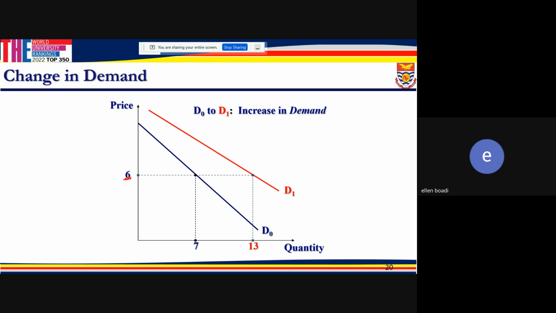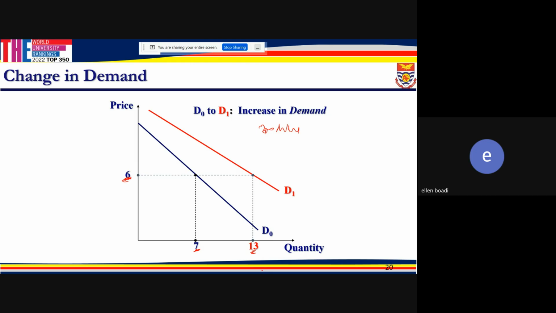The only thing that has happened is that taste and preference has changed and increased, so we want more of the jollof. At the same price of 6, the price hasn't changed, but our taste and preference has increased, so now we are consuming more. When there is a change like this, where price is the same and quantity has changed, it will lead to what you call a bodily shift.